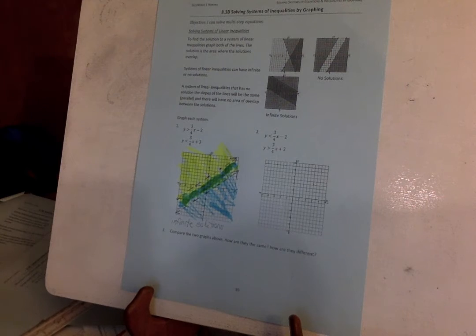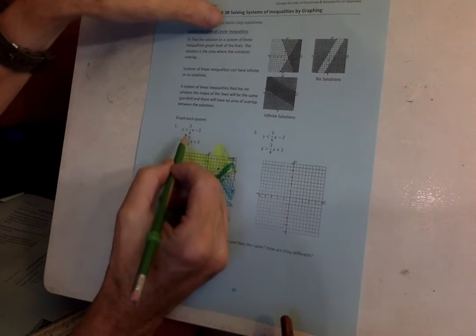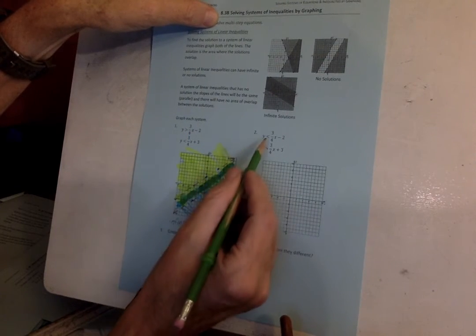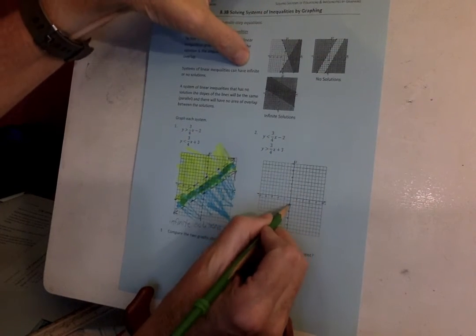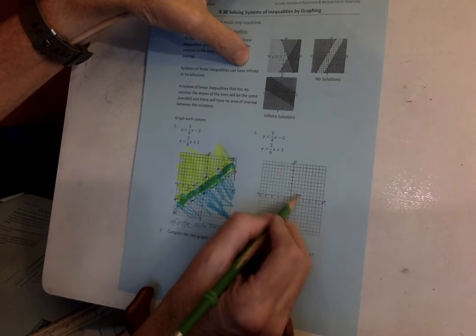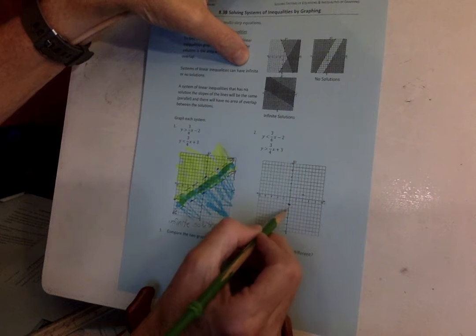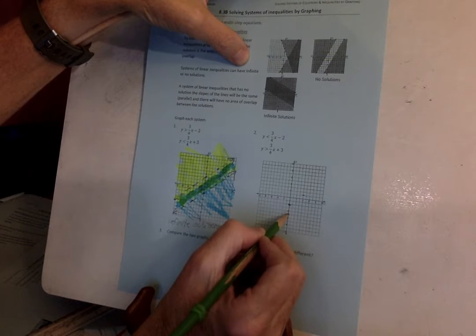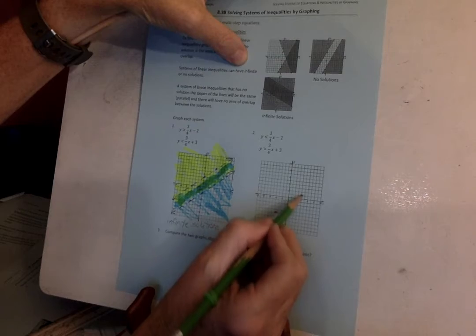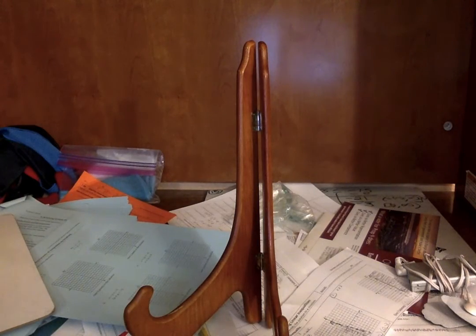Okay, next we're going to graph this next one. And it looks very similar to this, except for instead of greater than over here, it's going to be less than. So I'm going to go ahead and draw that one in.